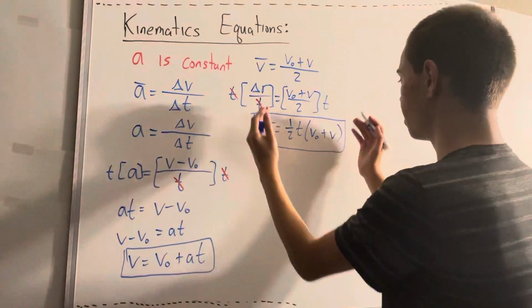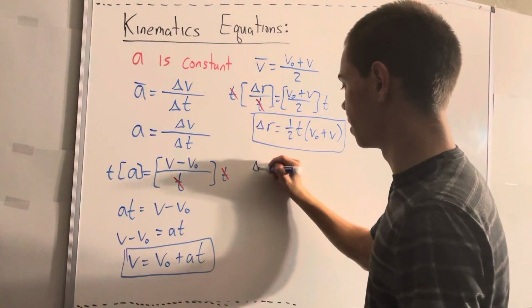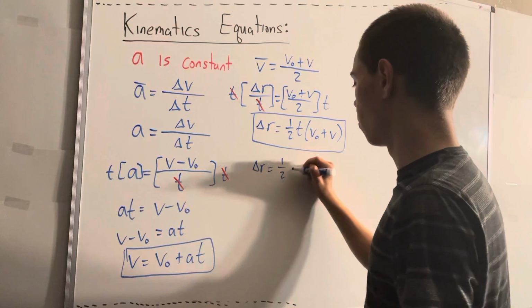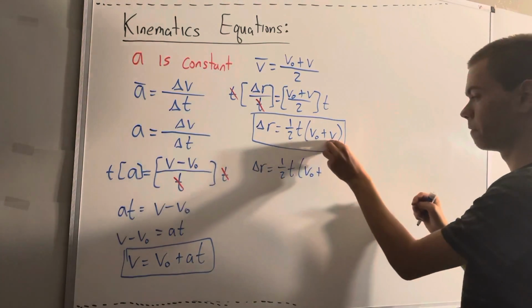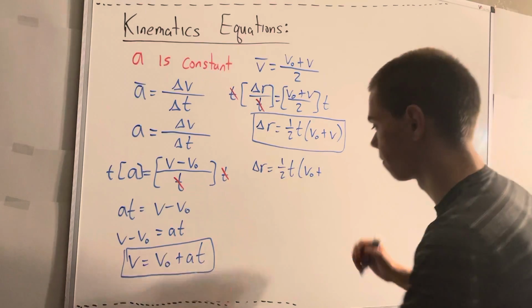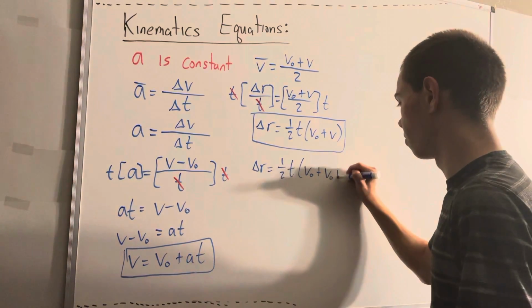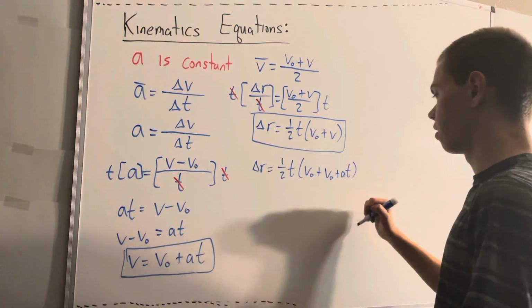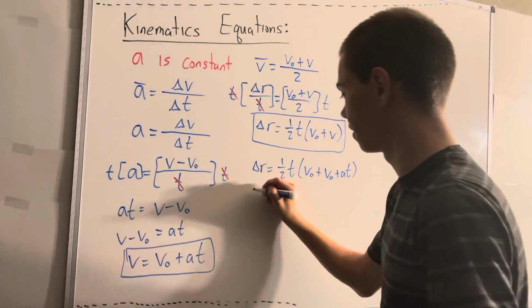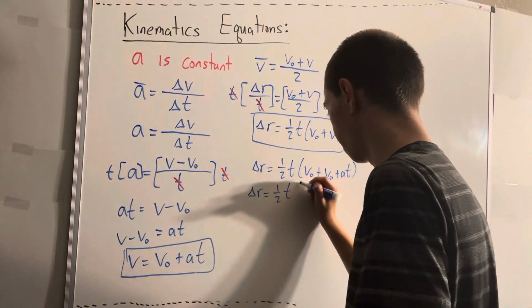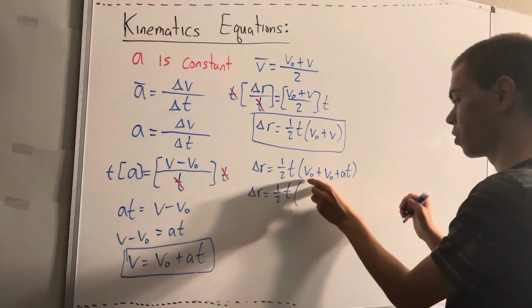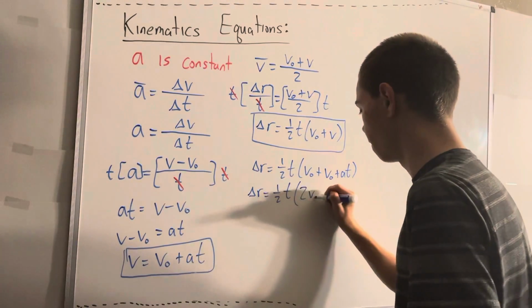So really, using this equation, we know this is just delta r equals 1/2 t times v sub 0 plus, and we're going to replace v with what we have right here, v sub 0 plus at. Now we're just going to simplify this. Inside of the parentheses, v sub 0 plus v sub 0 is really just 2v sub 0.